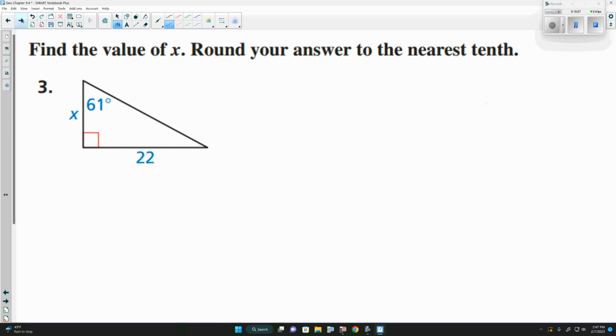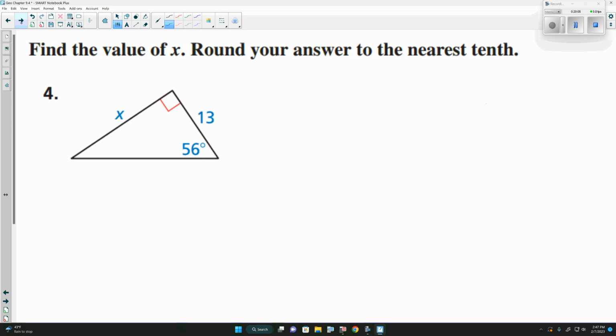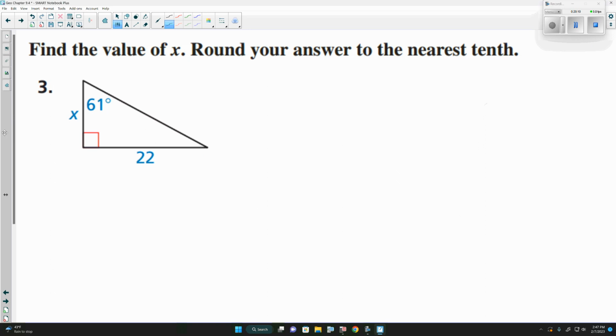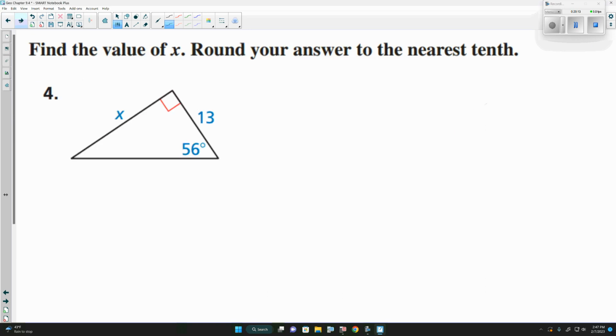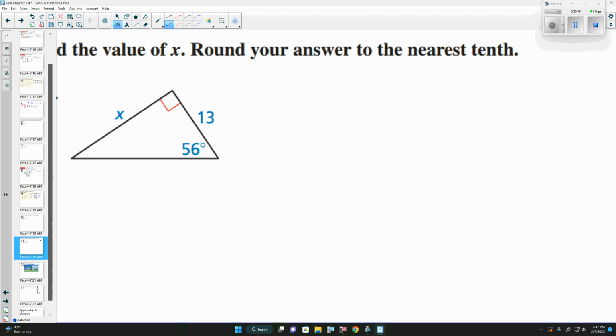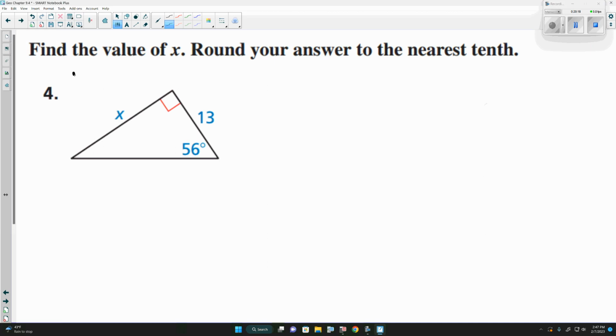We need to see another example of one of these. I'm going to look at this one here because it's a little bit nice. We'll look at it in two ways. But when we look at this one, we're given 56 degrees. Now, since we're not solving for the hypotenuse, we're going to use tangent, which is opposite over adjacent.